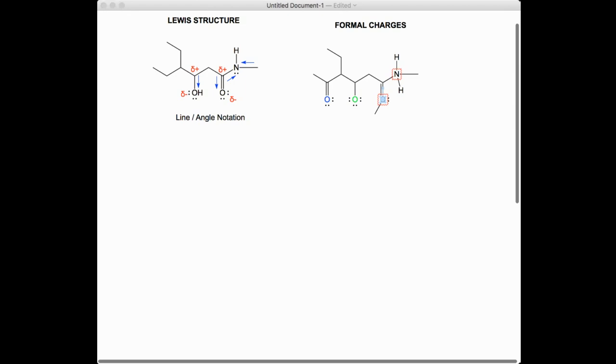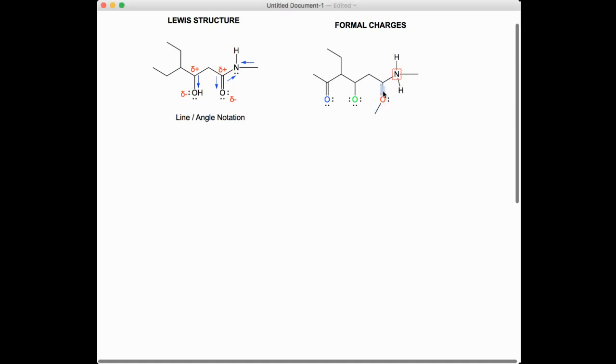What about the red oxygen? So the red oxygen, how many bonds do we see in the red oxygen? 2. I mean 3. Everybody agrees on 3, right? 3 bonds.